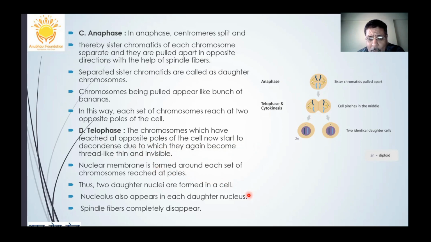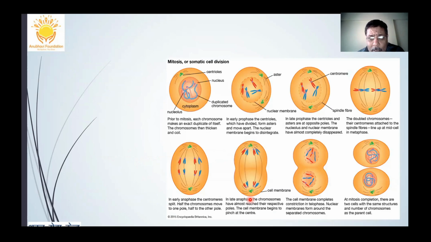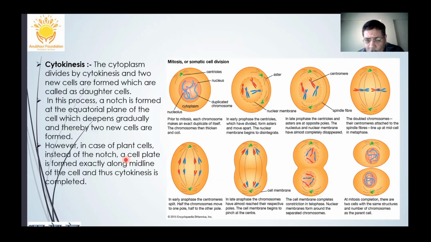Spindle fibers completely disappear, and thus the nuclear division gets completed. After the nuclear division is over, the cell divides by cytokinesis, and the two cells separate to form two daughter cells. In this way, one parent cell has given rise to two daughter cells with equal number of chromosomes.